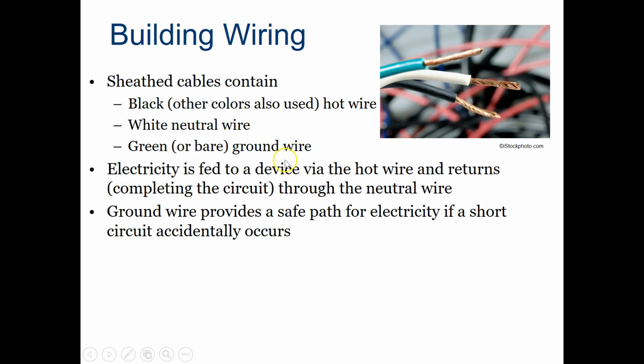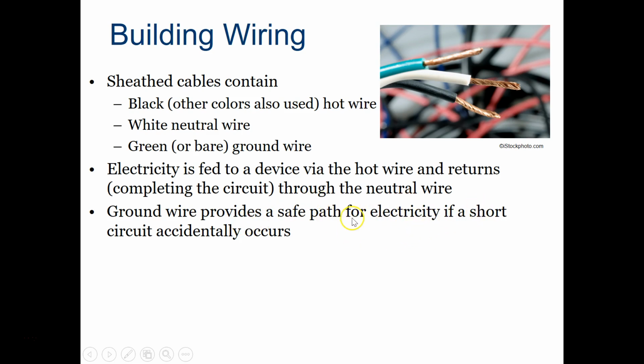So electricity is fed to the device via the hot wire and returns, completing the circuit through the neutral wire, and then a ground wire is arguably the most important wire in that whole system because it provides that safe path if electricity is trying to jump around where it shouldn't.